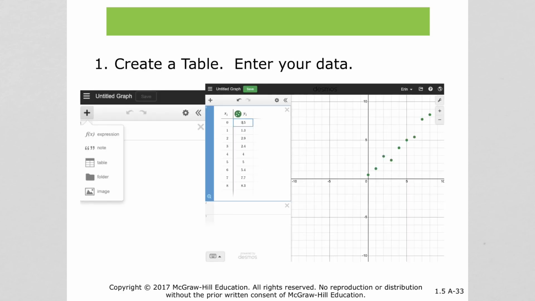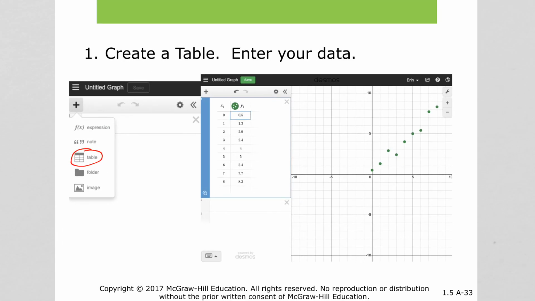So in Desmos, we go to the little plus sign. First, you're going to create a table. You can put your x values under here and your y values under here, and you can see it plots the scatter plot over here to the right.